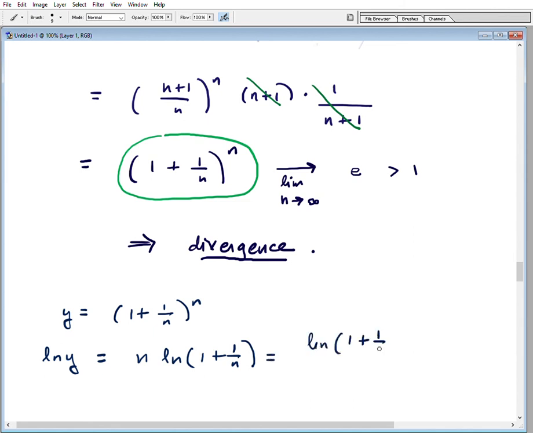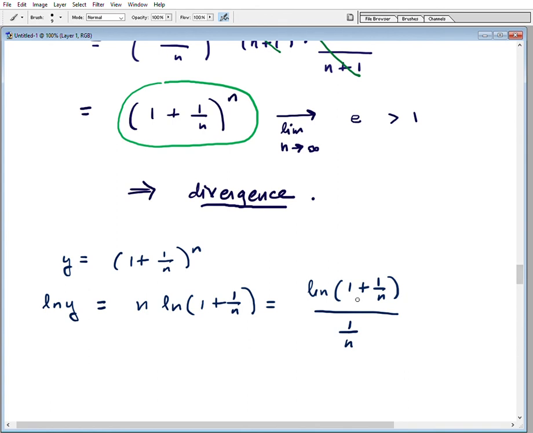All right, so it's a little bit of work. Top and bottom go to the limit, and we're doing limit as n goes to infinity. This goes to 0. Let me just make sure. Limit n goes to infinity.